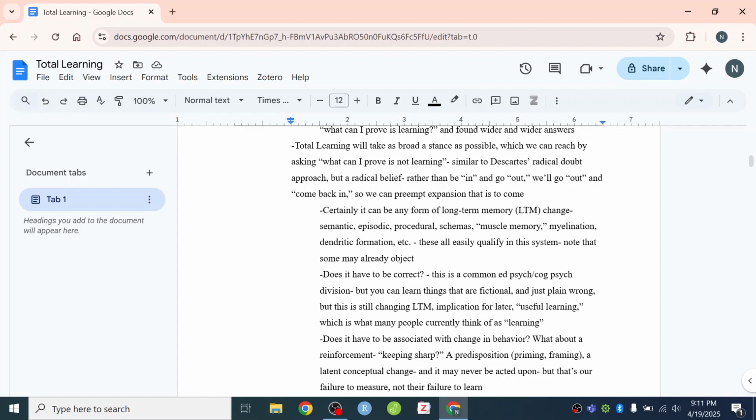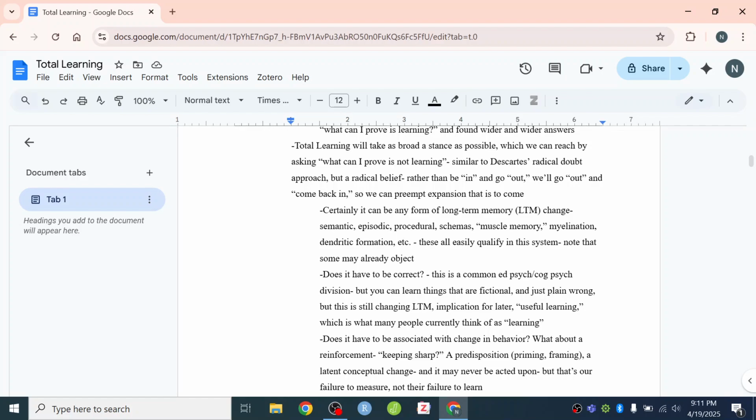There's a sense in which learning can be a restatement of something that you have, quote unquote, already learned, keeping it sharp, keeping it refined.